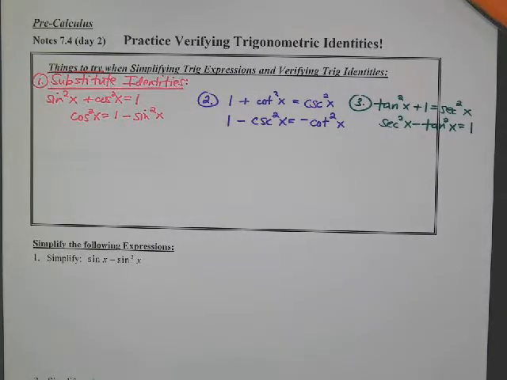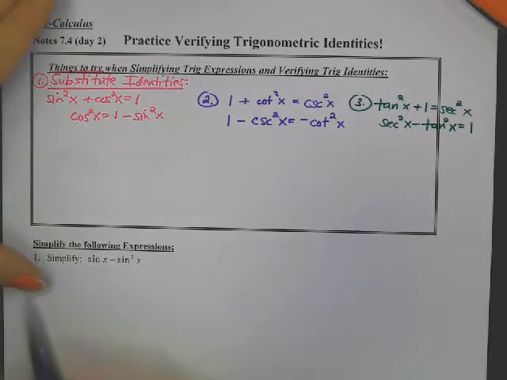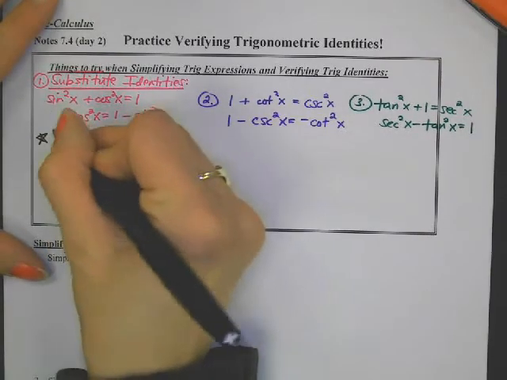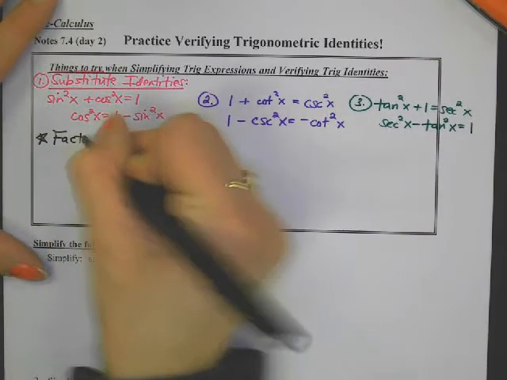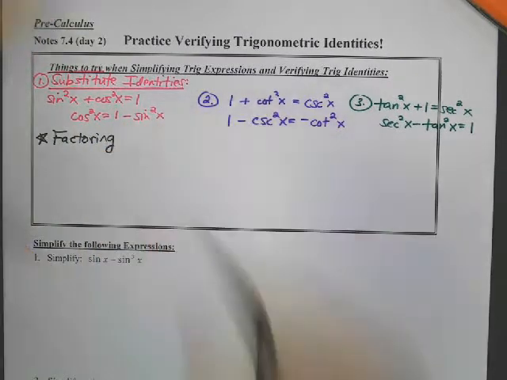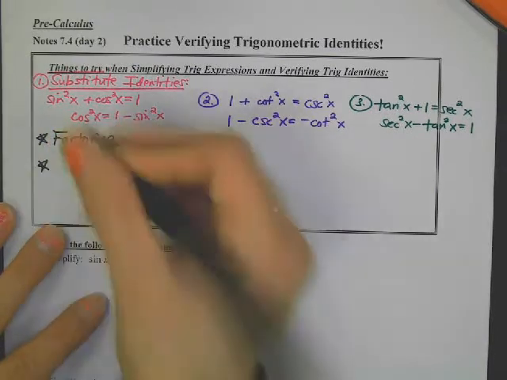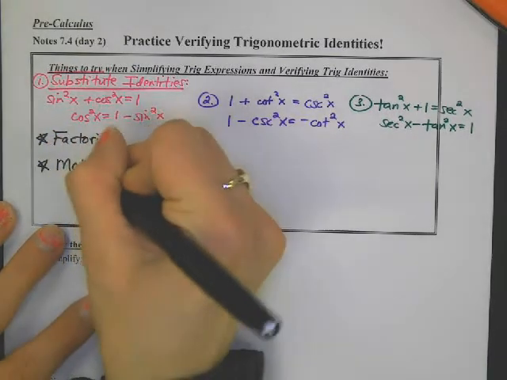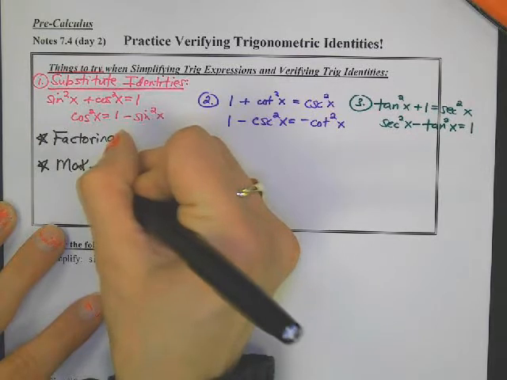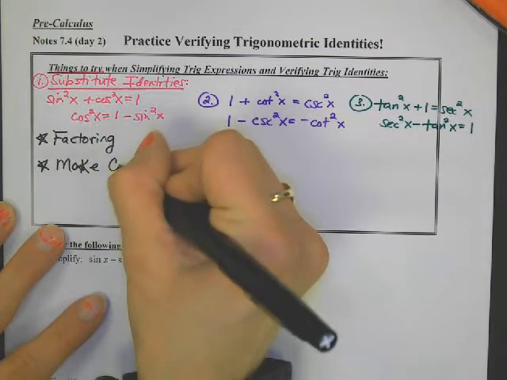What else is a good idea? Okay, something else you could think of? Think about factoring. Factoring is always nice. That might simplify some things. What if there's a bunch of fractions? We could proceed by making a common denominator.